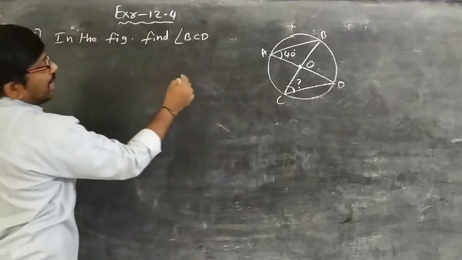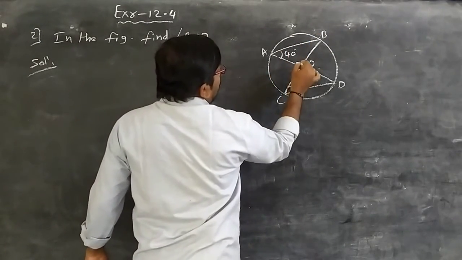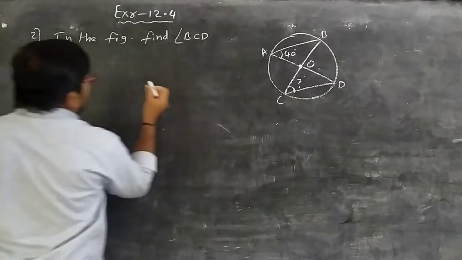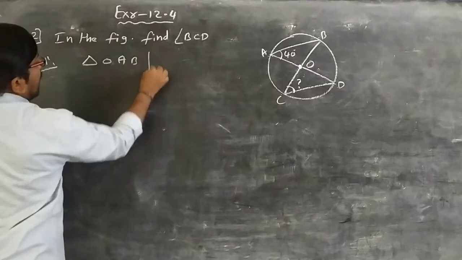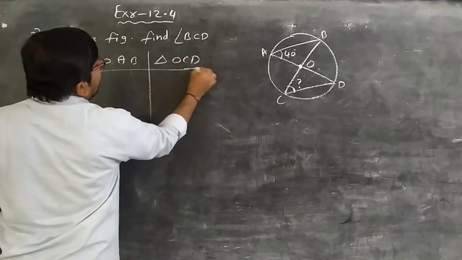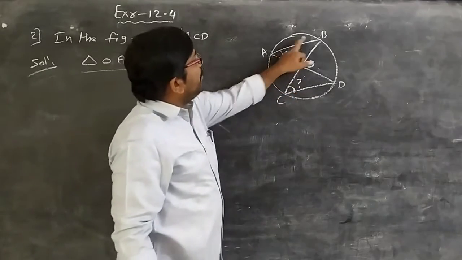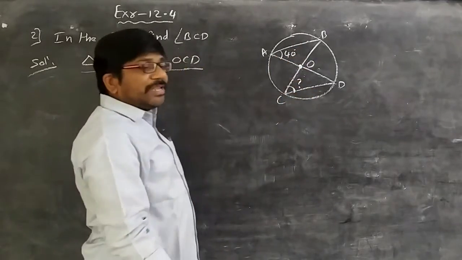The first triangle is OAB and the second triangle is OCD. Just compare their parts.